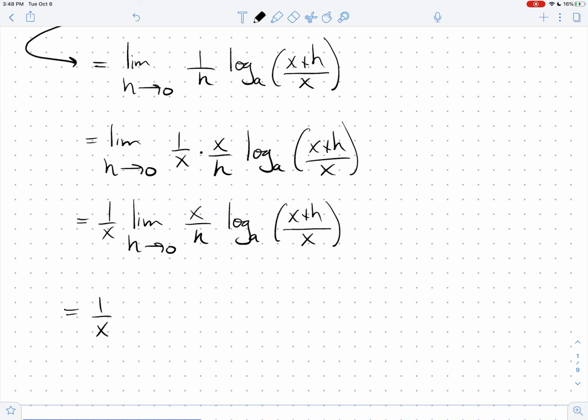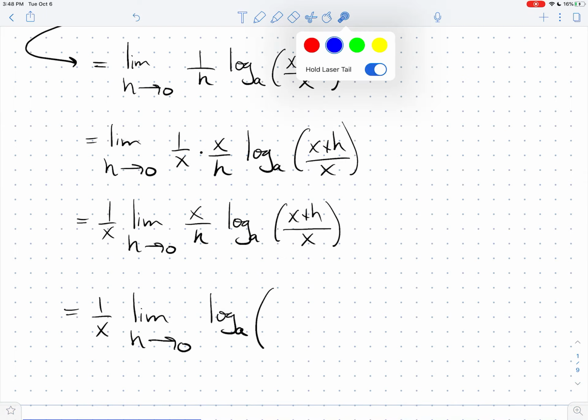I'm going to say, well, this is 1 over x times the limit as h goes to 0 of, log base a, let's put a parenthesis here, x plus h all over x. You know what? Hold on. Let's do two things. I'm going to pull this in, but I'm also going to write the inside a little different.